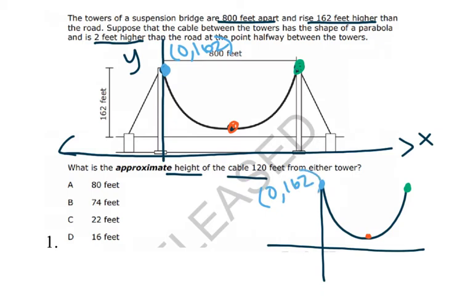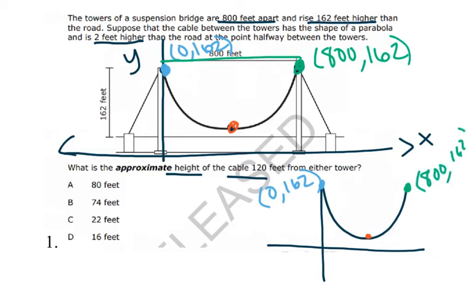Alright, now let's do the green point. To get to that, we have to go 800 feet over, but we're still at the same height of 162. So that point would be 800, 162. The red point is directly in the middle between 0 and 800.